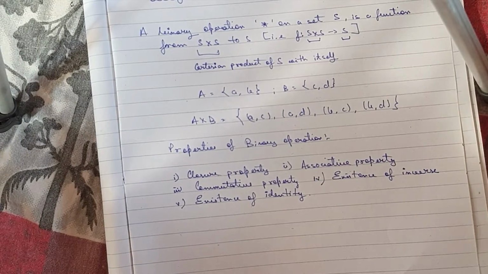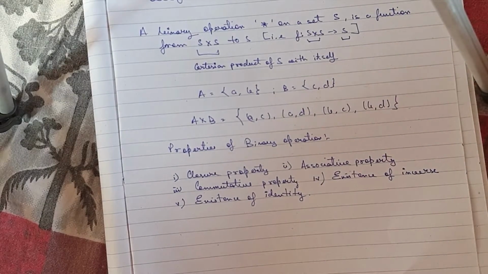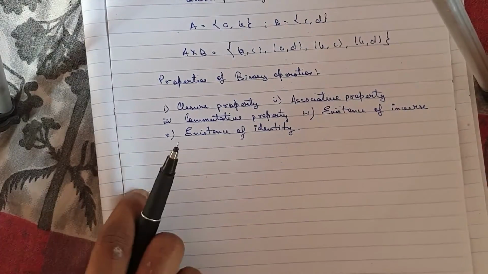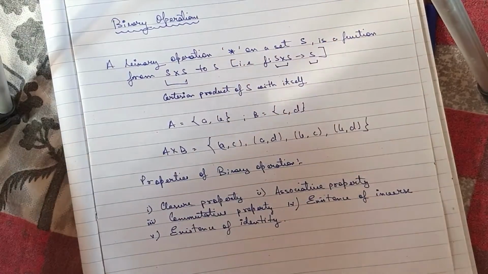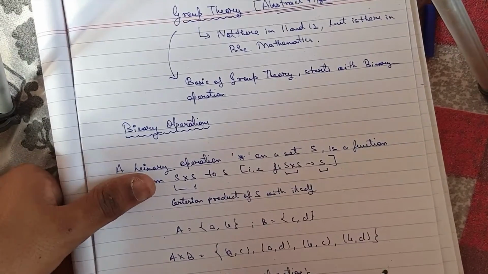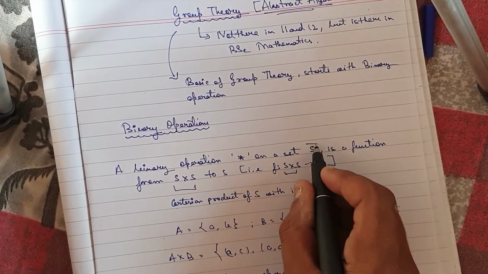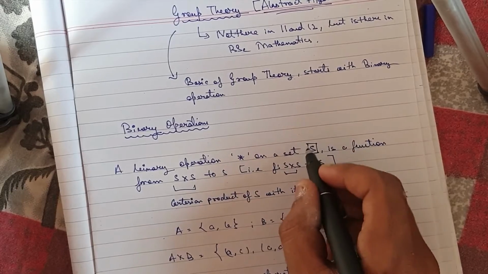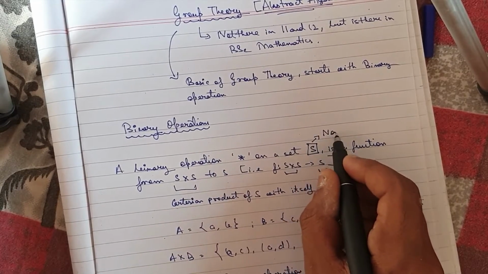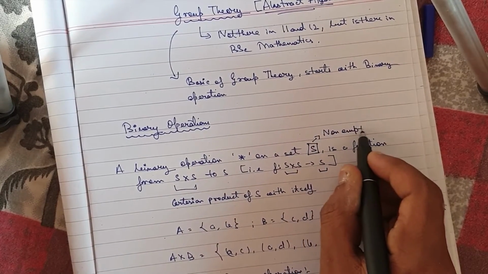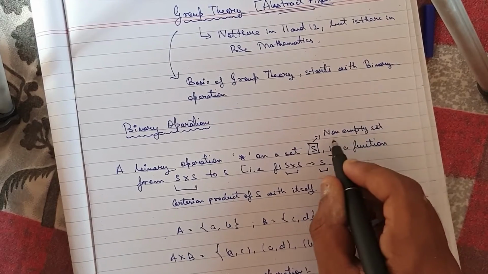Getting my point, guys? So as I already said, binary operation is the basic of group theory, and in this lecture we will be solely studying about binary composition only. Okay, so now let us get into the definition of binary operations. Okay, I have missed a very important fact in the definition, that is this set S must be a non-empty set.